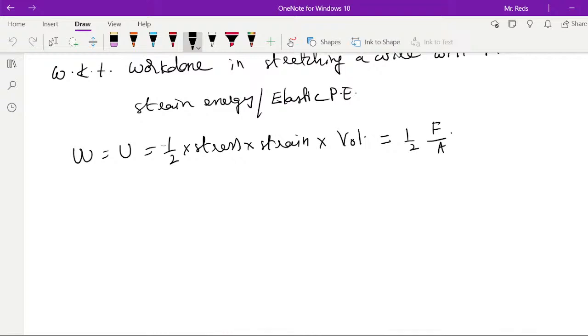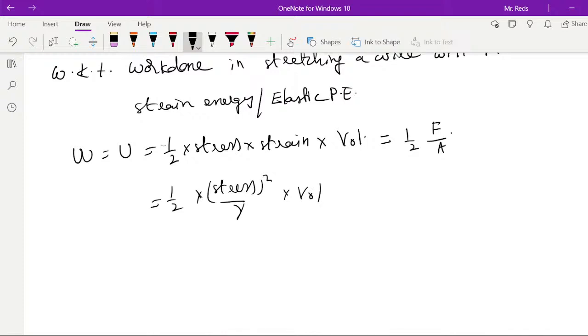Force is given, right? So let us express this in terms of stress only. This can be expressed as half into stress into strain, and strain is stress by Y, so it becomes half into stress square by Y into volume.